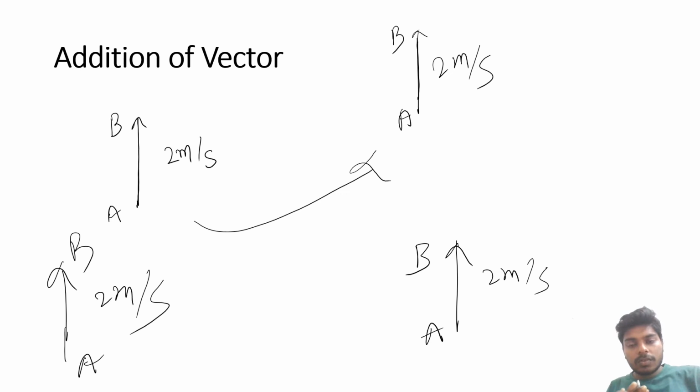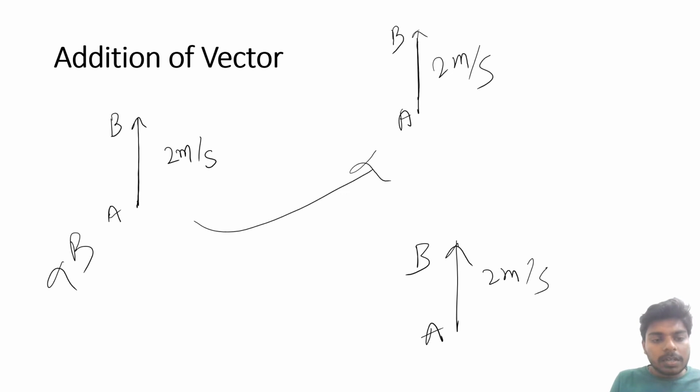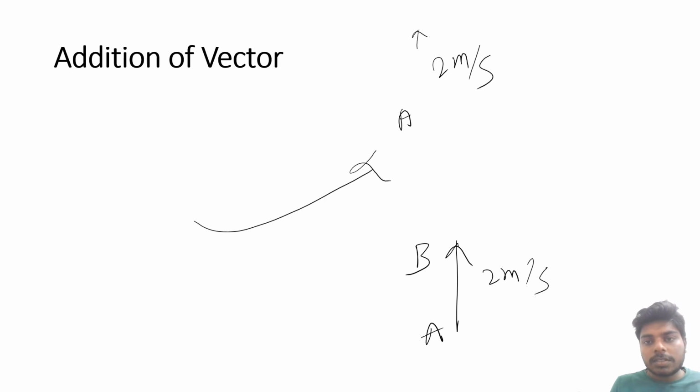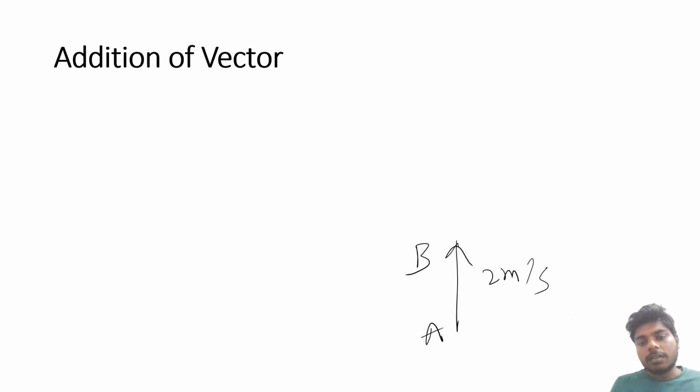That will not affect or change the vector. If we are translating a vector without changing its magnitude and direction, that translation will not change the vector at all. Got that? That is simple. Now let me erase all these things, then we will do the addition of vector.